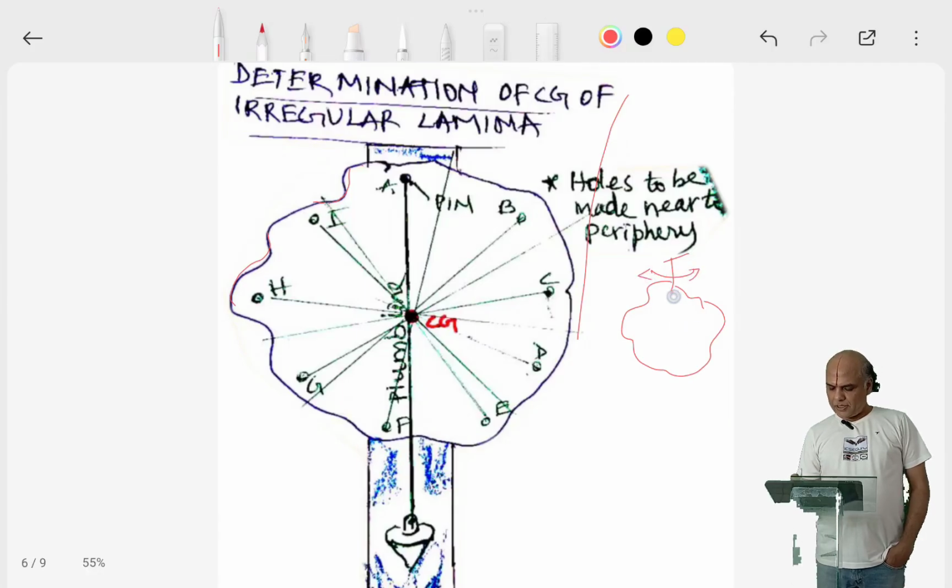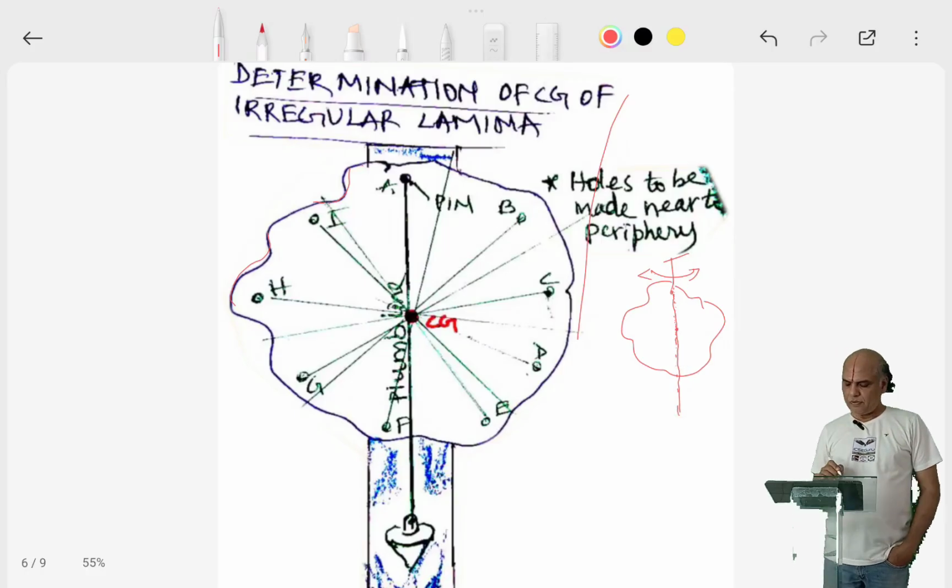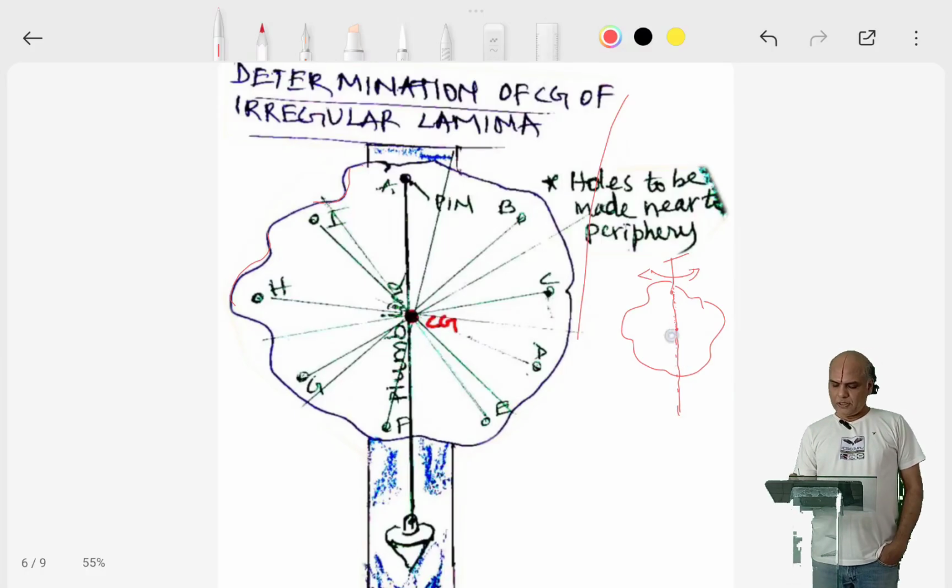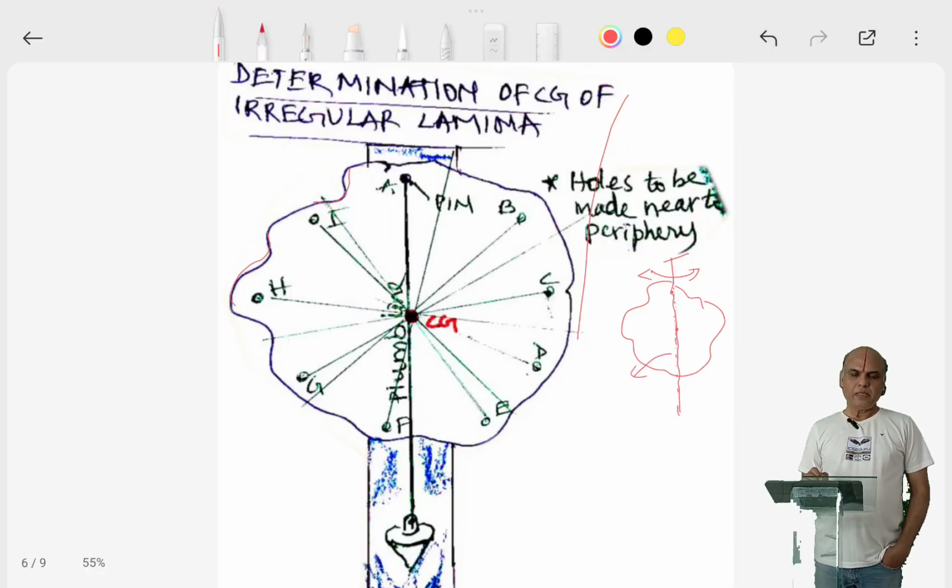When it is in equilibrium, the CG will lie along the line of the string where it is hung. We do not know where, but the CG will definitely lie along the vertical line matching the line of string.